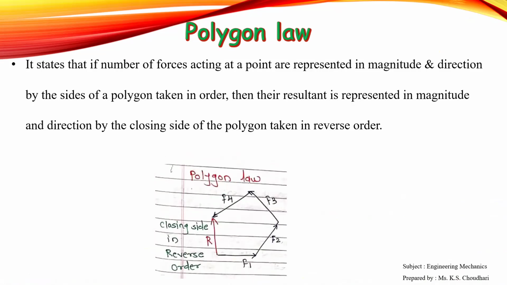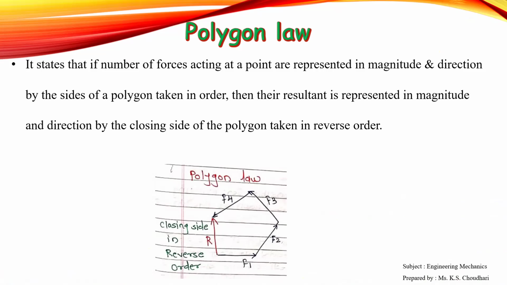Now the polygon law. This is the same as the triangle. In a triangle, only two forces are given, and the third side denotes the resultant in reverse order. In a polygon, there are a number of sides, and the closing side in reverse order denotes the resultant of it.